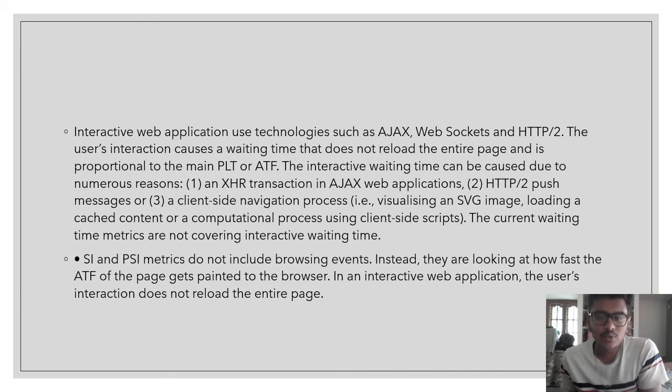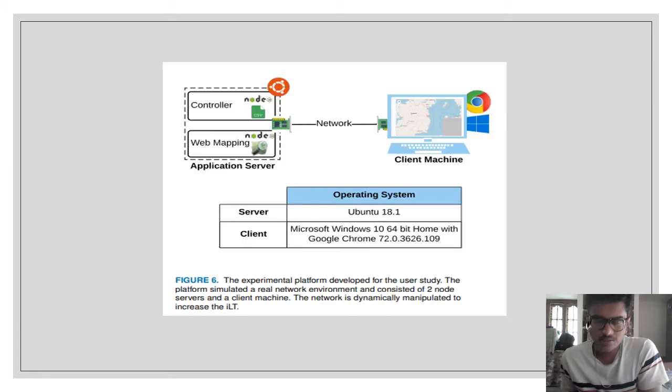The interactive waiting time can be caused by numerous reasons: an XHR transaction in Ajax web applications, HTTP push messages, or a client-side navigation process. SI and PSI metrics do not include a browsing event. Instead, they look at how fast the ATF of the page gets painted to the browser. In an interactive web application, the user interactions do not reload the entire page.